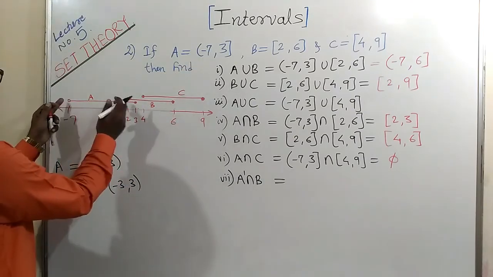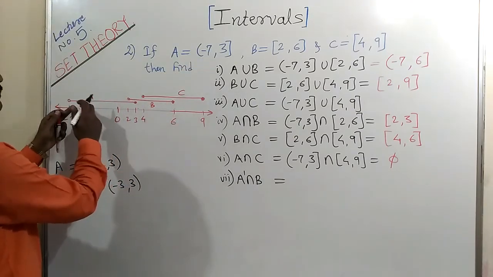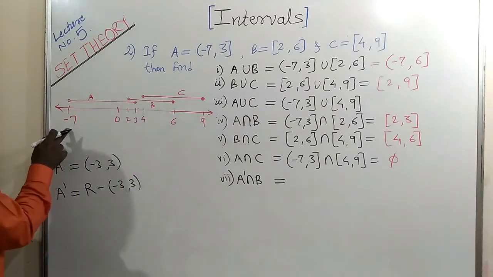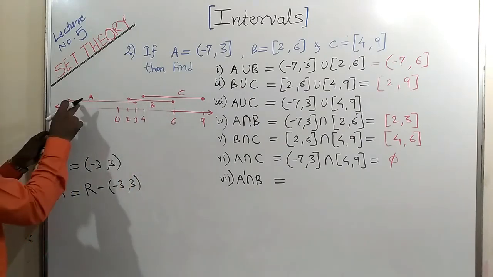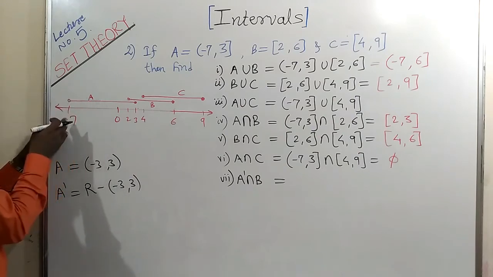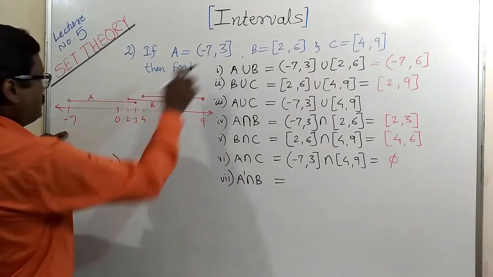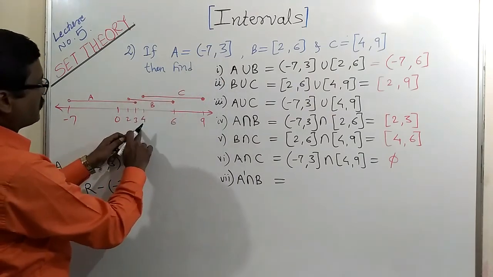So excluding this open -7 to 3, the numbers are less than or equal to -7, because -7 is not included here, so we will include that -7 in the complement part. Here 3 is included, so we will exclude 3.